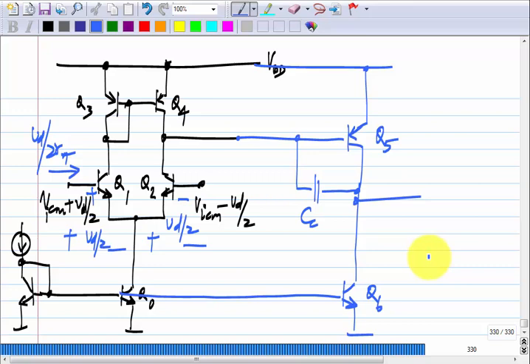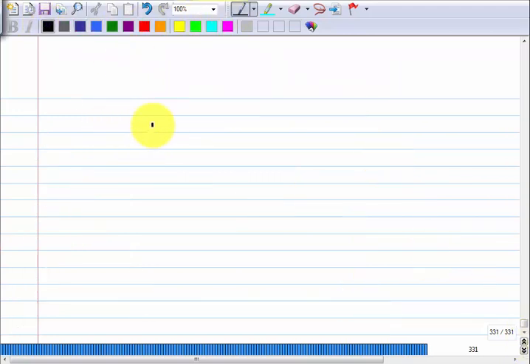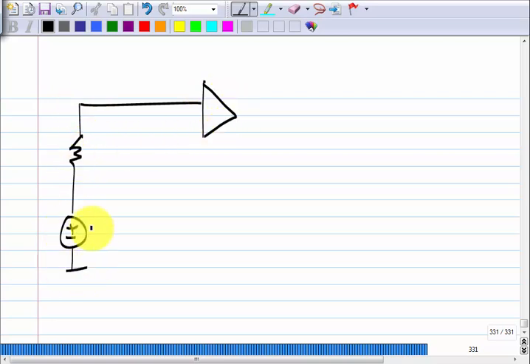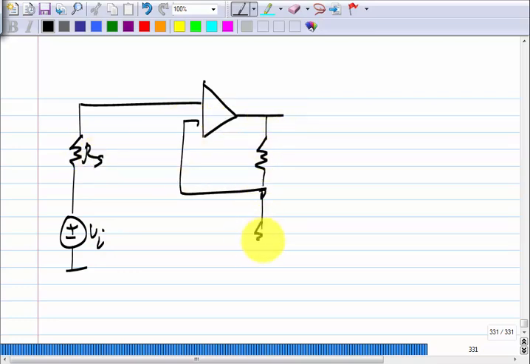What is the effect of the input resistance of the op amp? Let us say I have this, and let us assume that the gain of the op amp is quite high, so we do not have to worry about that factor.